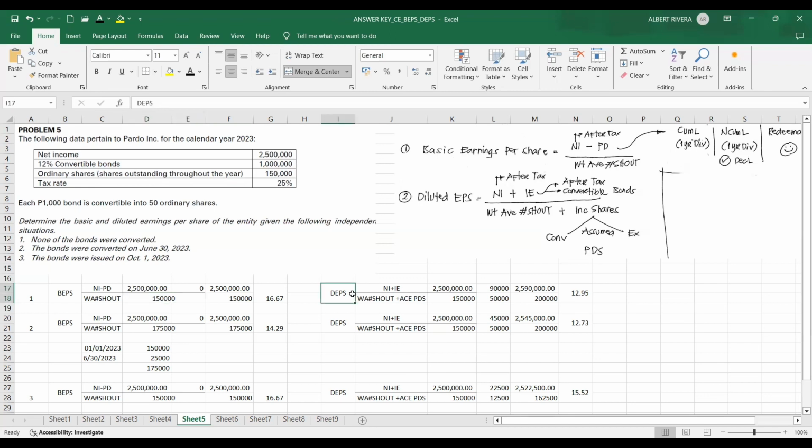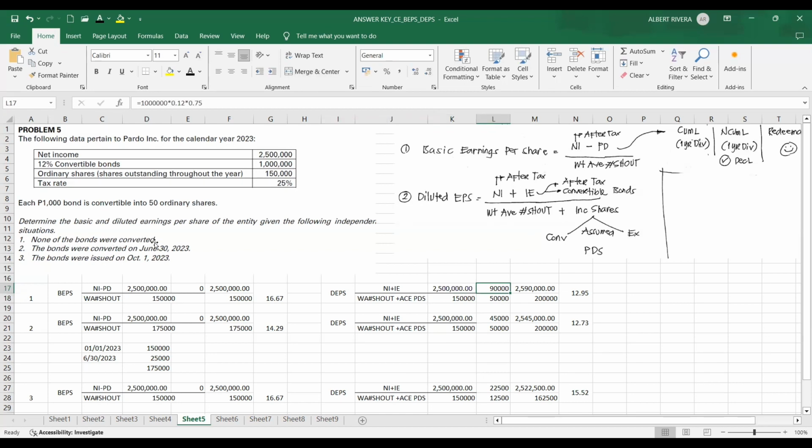So the computation of the EPS, and you have your formula here. So this is your net income. The net income is 2.5 million pesos. Okay? Plus interest expense coming from the convertible bonds. Meron bang convertible bonds? Meron.